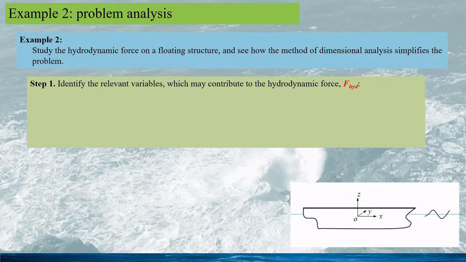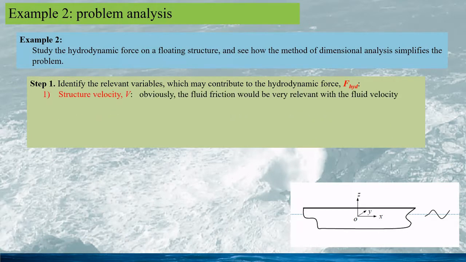In the first step, we need to identify the physical variables which might have effects on the hydrodynamic force: the velocity of the structure, or the relative velocity between the structure and the fluid. The forces will be relevant with the relative velocity.